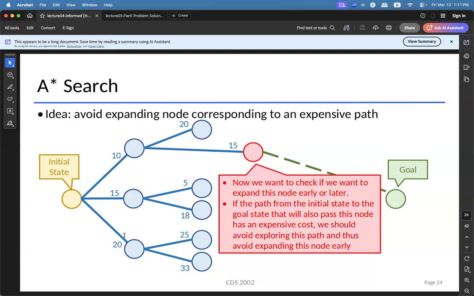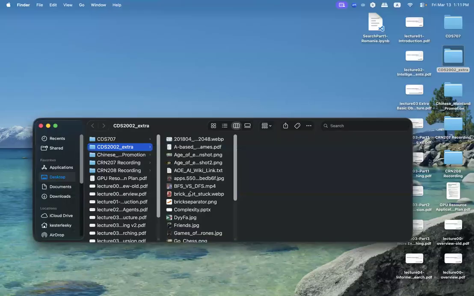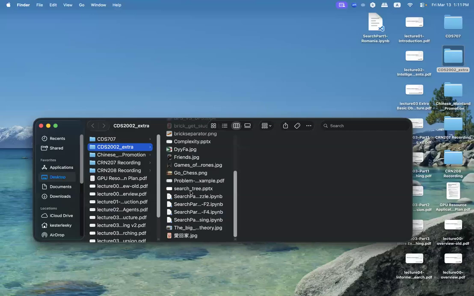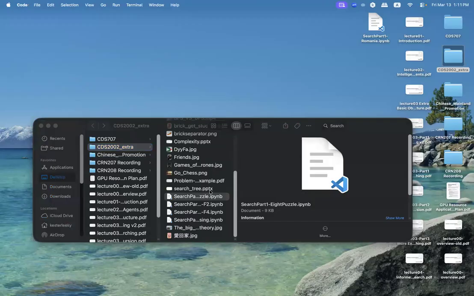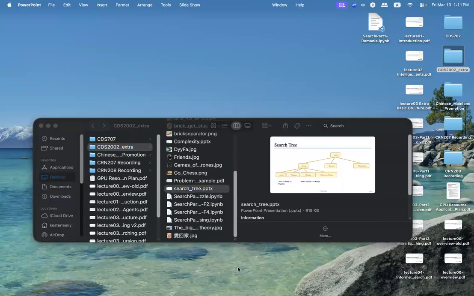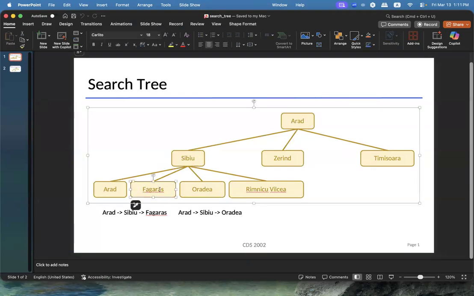Okay, so as you can see here in the previous example, we have right here the search tree. So as you can see here, the Pythagoras node is representing a path from Arec to Cebu to Pythagoras.